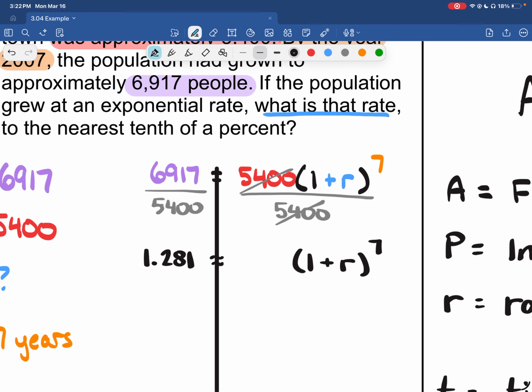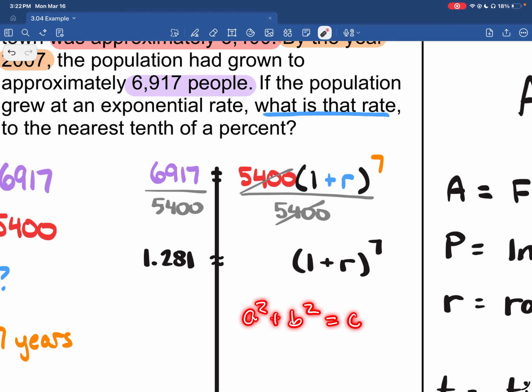Now, that is going to have my final answer be just a little bit off, but it'll be close enough in the end. Now, I need to get rid of this exponent 7. There's only been a few times where you've had to get rid of an exponent before. Usually, you see that with the Pythagorean theorem, and you've got like a squared plus b squared equals c squared, and you end up taking the square root of something.